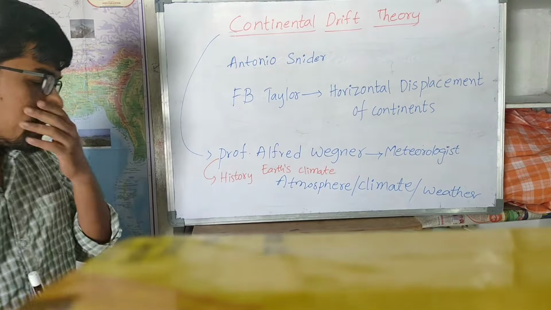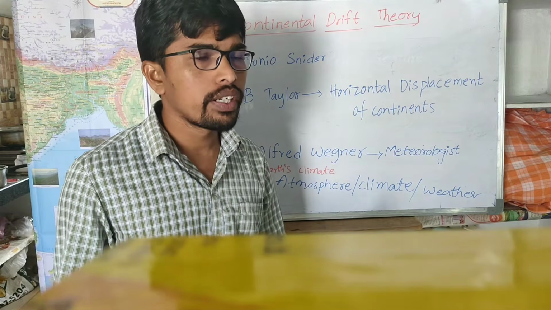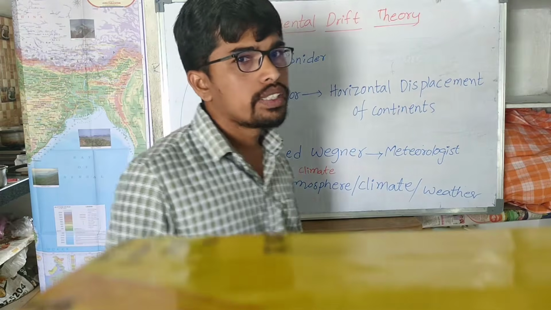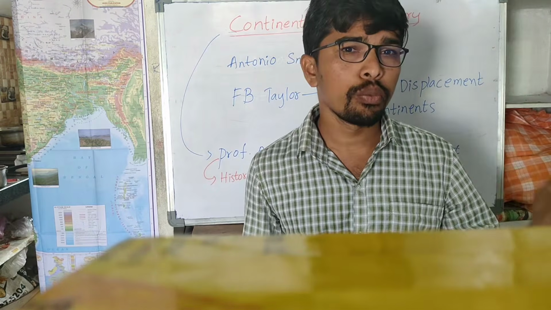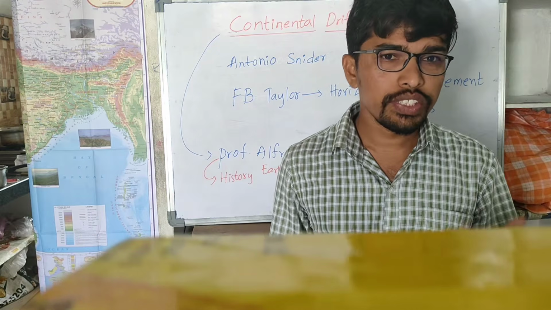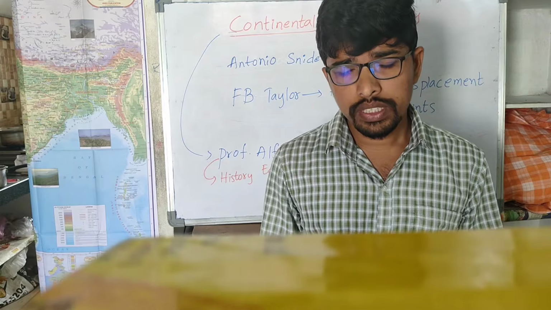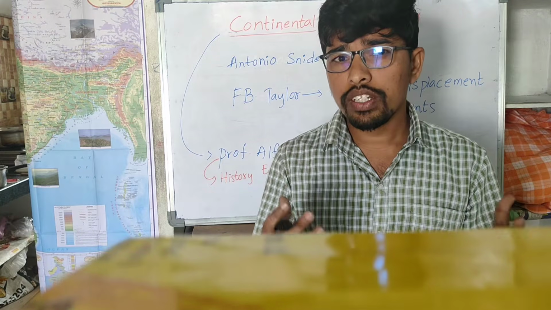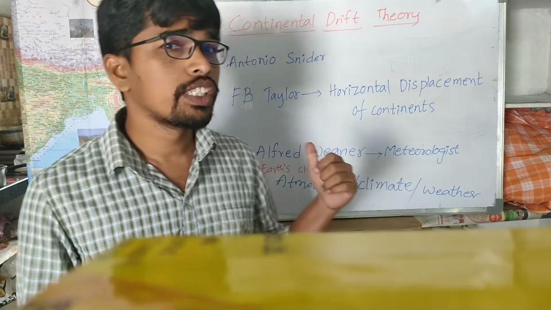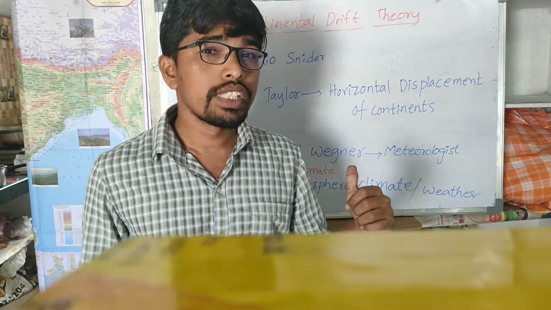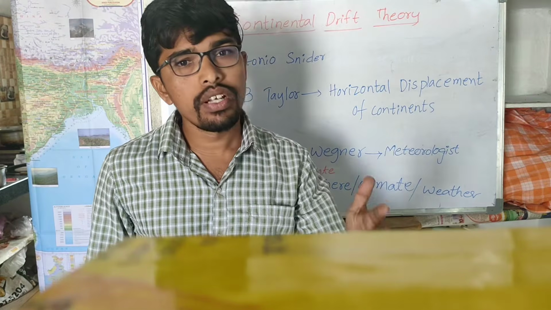There were many scientists who had curious questions regarding this, because coal deposits appeared in European countries such as England, Sweden and Norway, and they wanted to know how they were deposited there. There were also the same glacial evidences found in South America, Africa, Peninsular India and Australia.